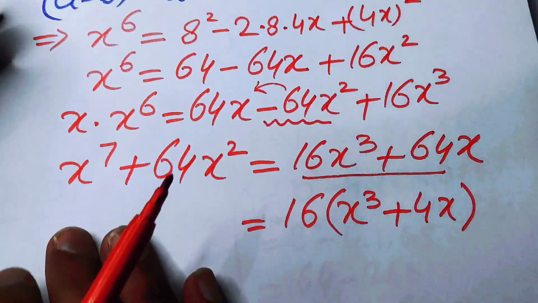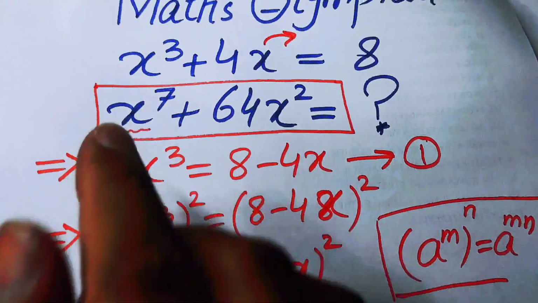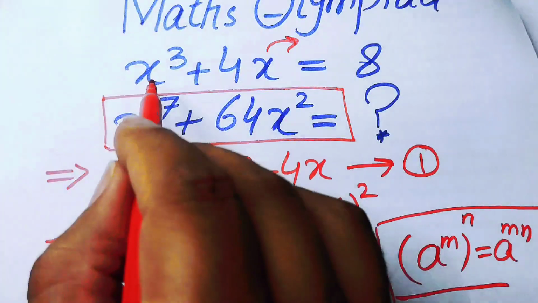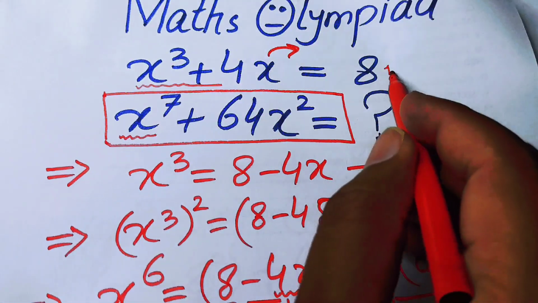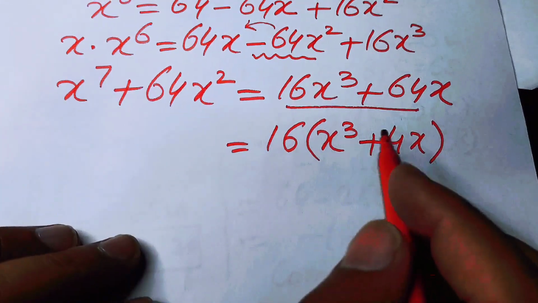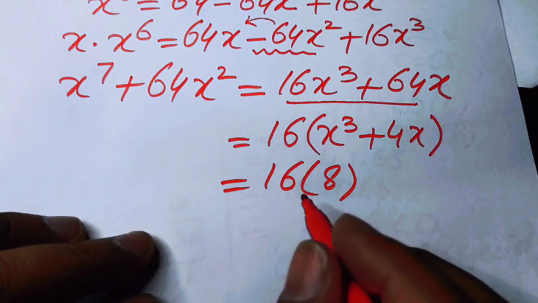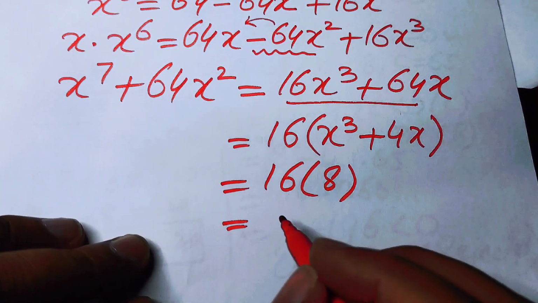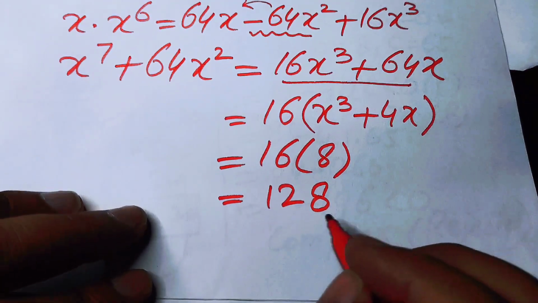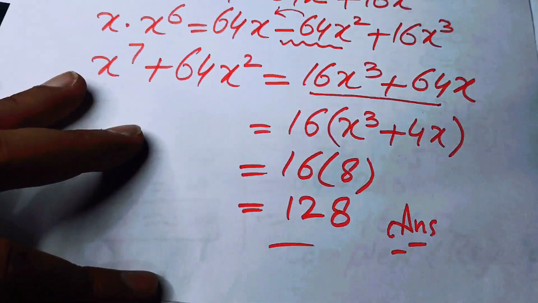In the statement of the question we have x cubed plus 4x is equal to 8, so now we can use this term. Here you have x to the power of 3 plus 4x, and it is equal to 8. So 16 times 8 is 128. This is our final answer of this question.